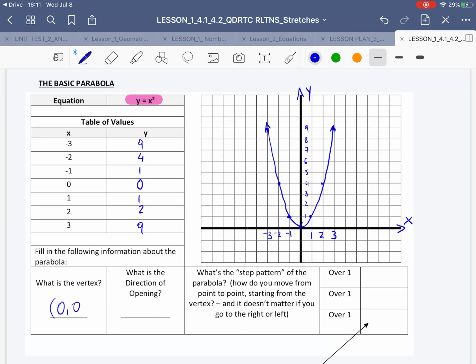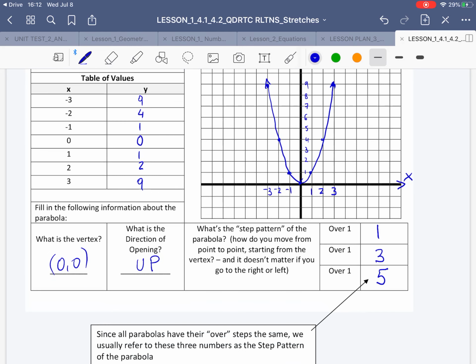And what is the vertex again? We're going to say the vertex is at 0, 0. The parabola opens up, and every time we move over 1, we go up 1, then 3, then 5, and if we were to go even higher, we would go 7 and all the rest of the odd numbers.